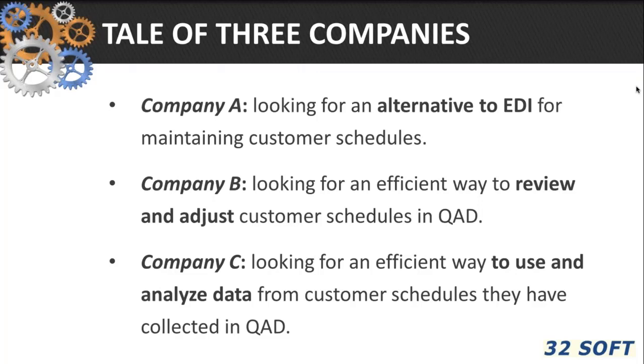Company B has their schedule receiving and updating process taken care of. It's all implemented using EDI. The process is well established and reliable, but they're still left with the need to review and adjust customer schedules manually.